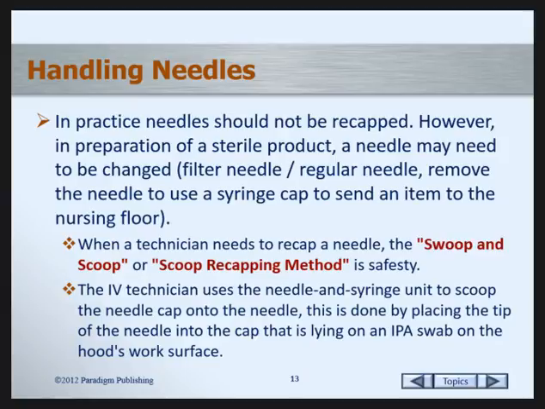The reason we use this method is to prevent a needle stick. If you're holding your cap and trying to put the needle into the cap, you could potentially miss the cap and stick your finger with the needle. So until you have better practice with recapping needles, we will use the swoop and scoop method.